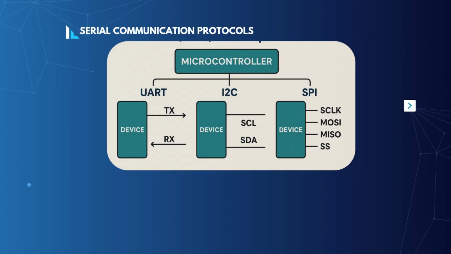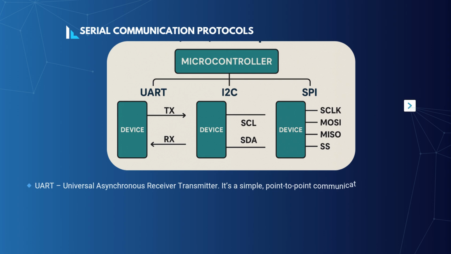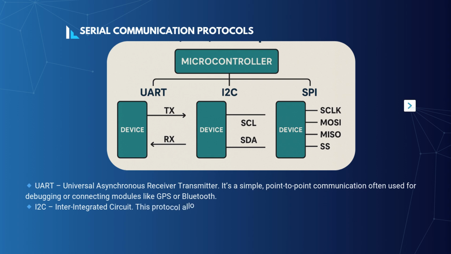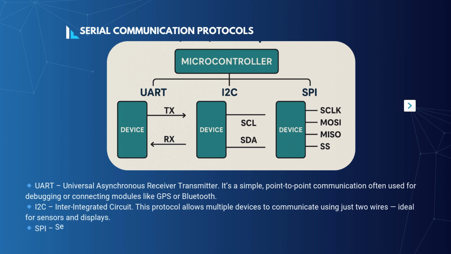Now let's talk about communication. Devices need to talk to each other, and that's where serial protocols come in. You'll learn 3 key ones. UART, Universal Asynchronous Receiver Transmitter. It's a simple, point-to-point communication often used for debugging or connecting modules like GPS or Bluetooth. I2C, Inter-Integrated Circuit.